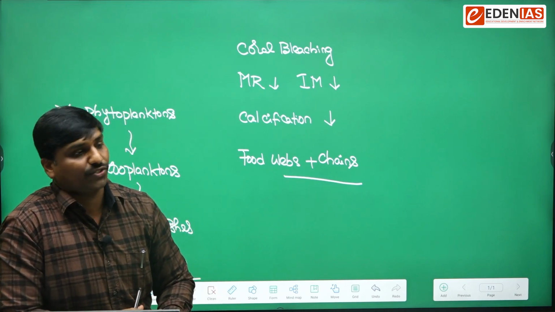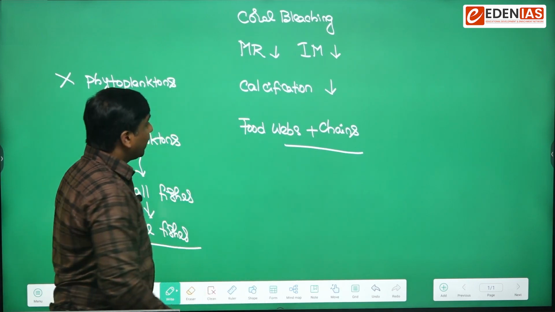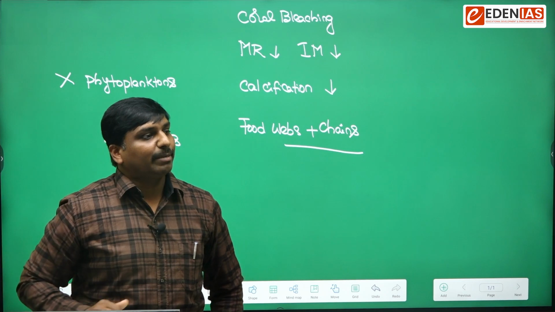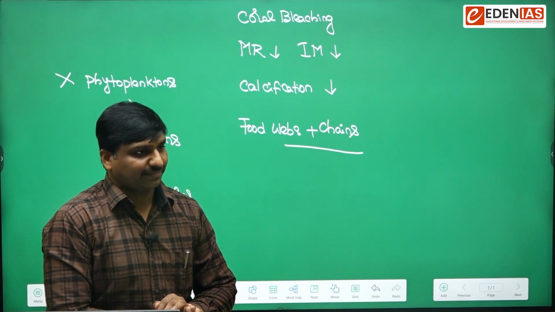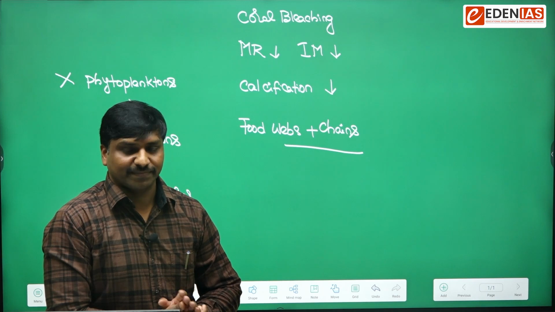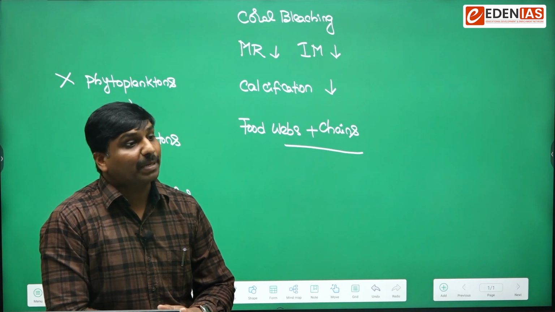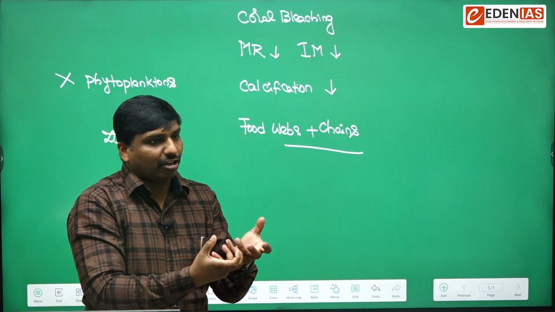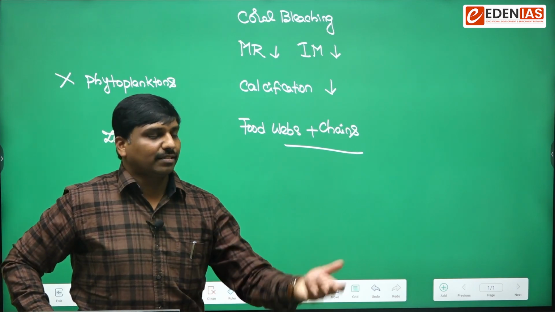And apart from this, what is the other important effect? There is a process called carbon sequestration. Carbon sequestration is the process of capture of carbon dioxide or carbon and its subsequent storage in various sinks, carbon sinks.